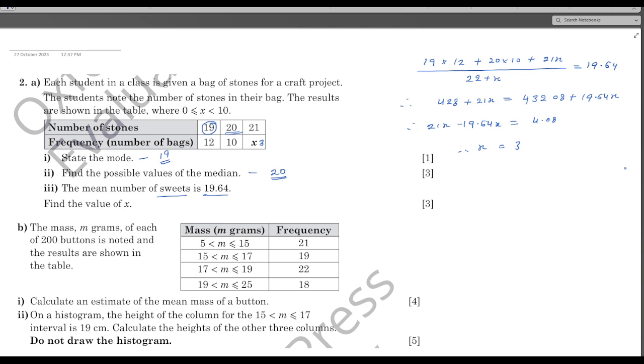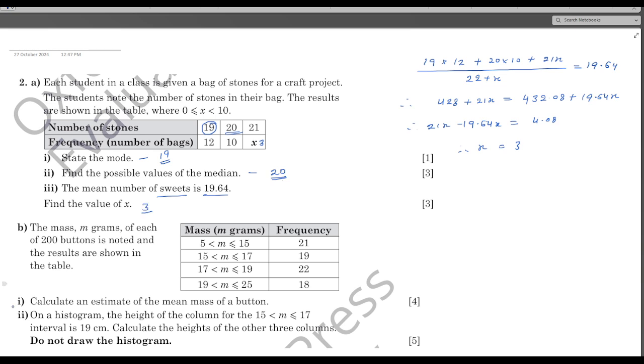If there are 25 bags, then the 13th bag you will find at the center, and the 13th bag contains 20 stones, so your median is 20, and the value of x we have already worked out, it is 3.